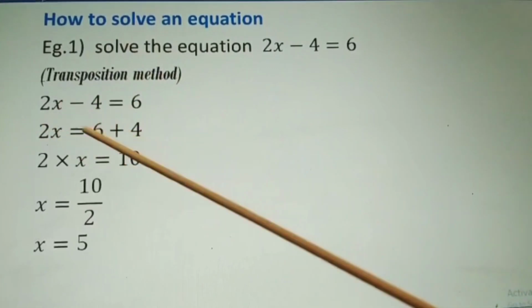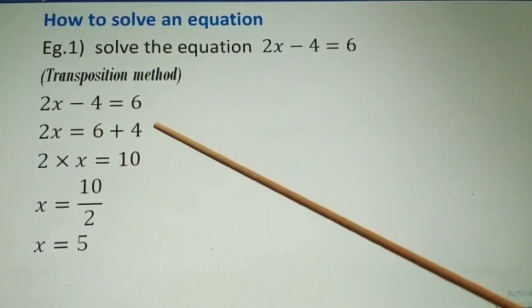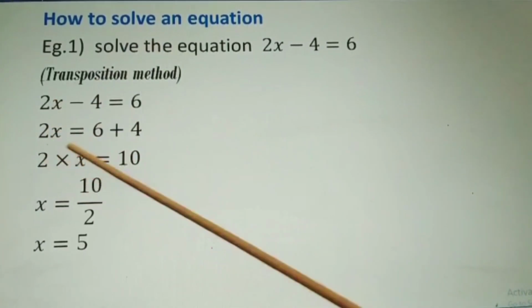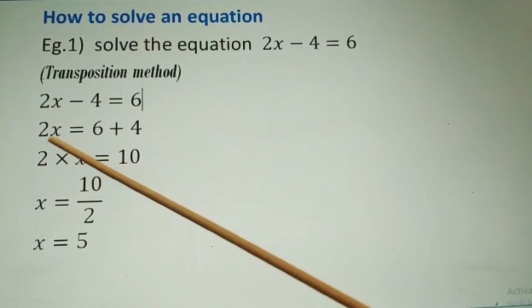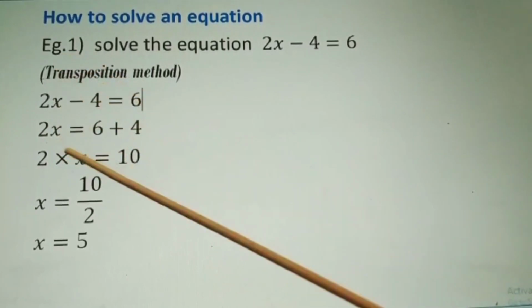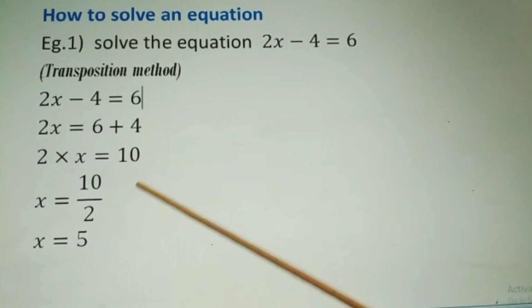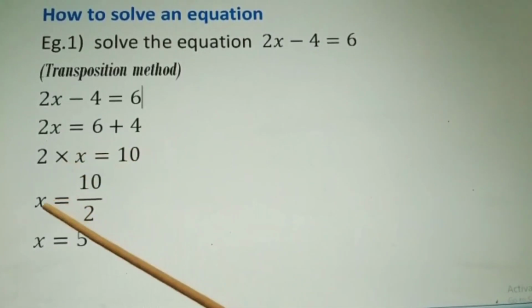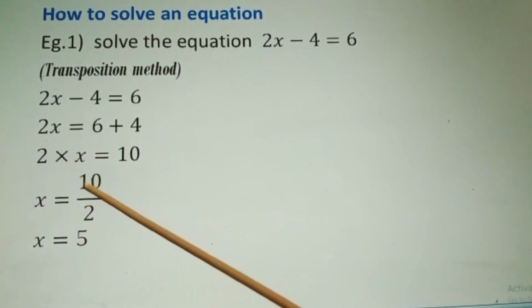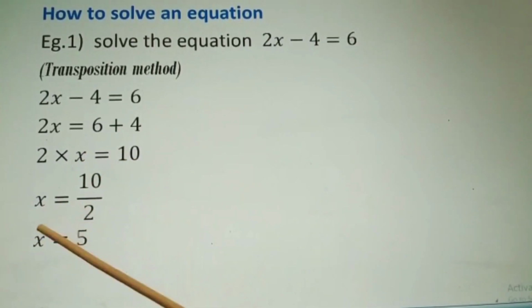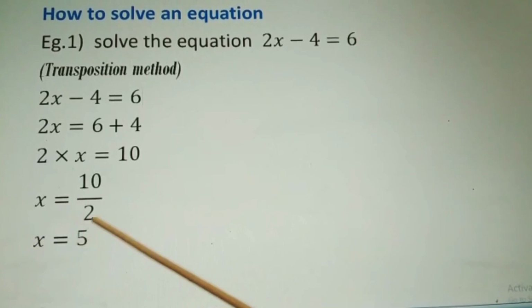That is 2x is equal to 6 plus 4. Here 2x means 2 into x. Here multiplication part. So in LHS multiplication is there, RHS it will become division. That is x is equal to 10 divided by 2. That is x is equal to 5. So solution or the value of x is equal to 5.